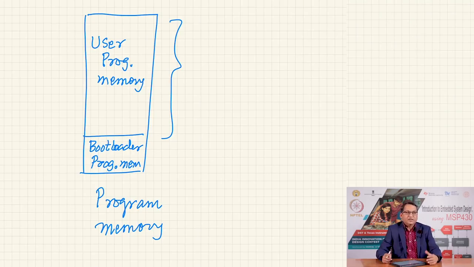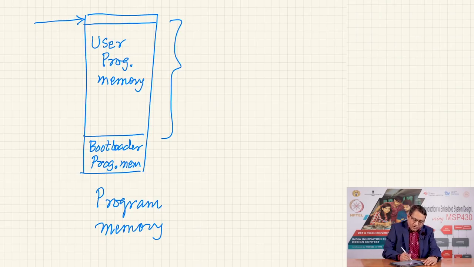And when you reset the system, it would normally go to the first location of the user program memory, but if the bootloader has been enabled, the program counter will start executing the bootloader. The bootloader would communicate using an onboard communication protocol.